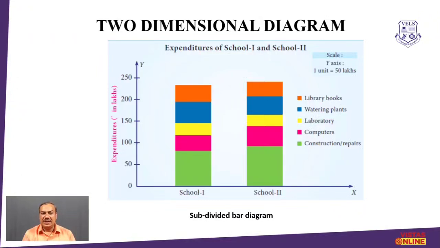Here the expenditures are library books, watering plants, laboratory, computers, construction or repairs. For each category, how much they spent on each item in the different schools, school 1, school 2. So in this subdivided bar diagram also, we can compare how much was spent for each item. So this is the example for a two-dimensional diagram.